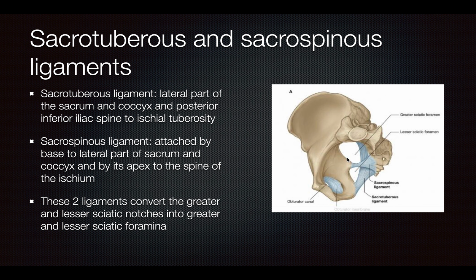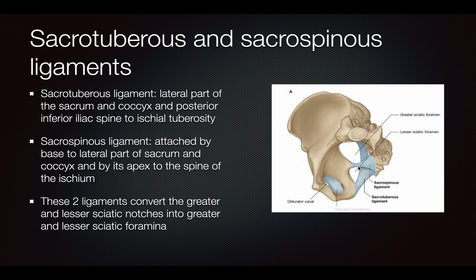And by doing that, it creates the greater sciatic foramen and the lesser sciatic foramen. It converts these notches, like the entire opening is called a notch, but the ligaments will close it off, making it a foramen.